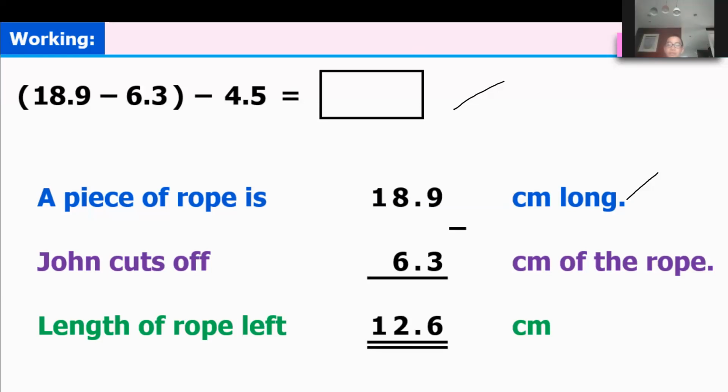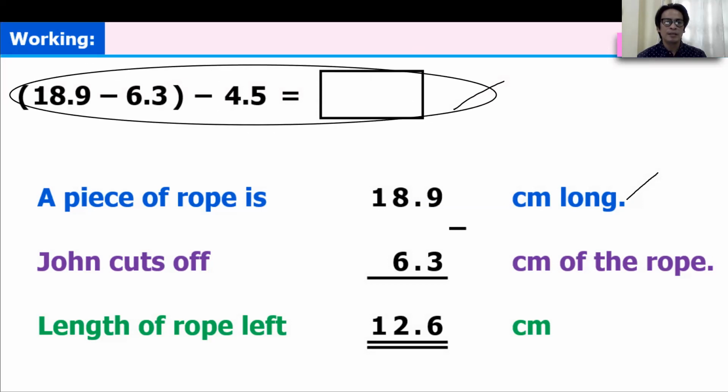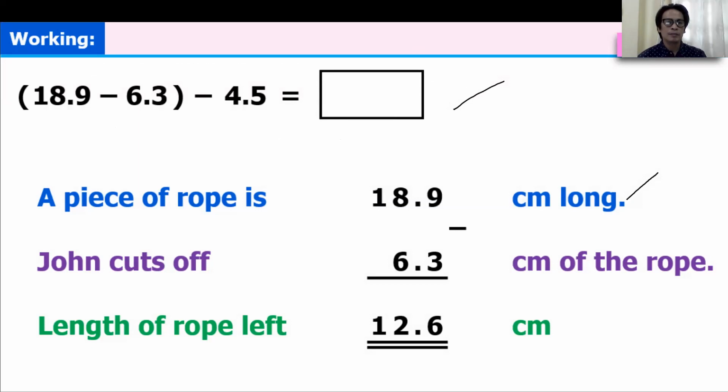Actually, look at this equation, or number sentence. You can do it like this, or it can be 18.9 minus, you have to open a bracket here, and then 6.3 plus 4.5.